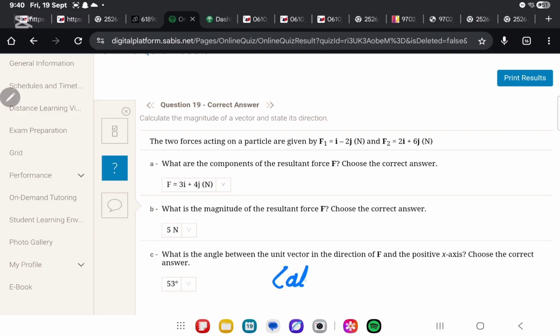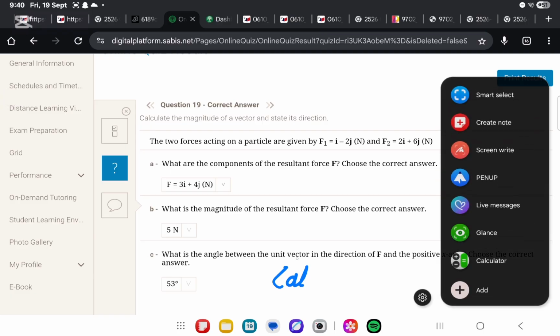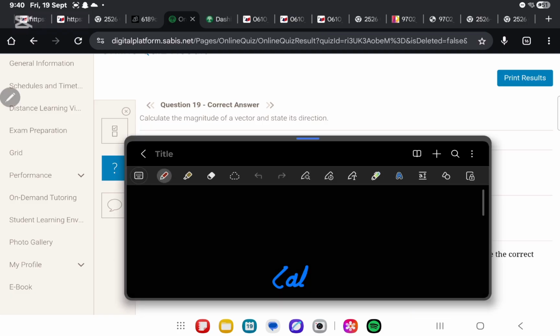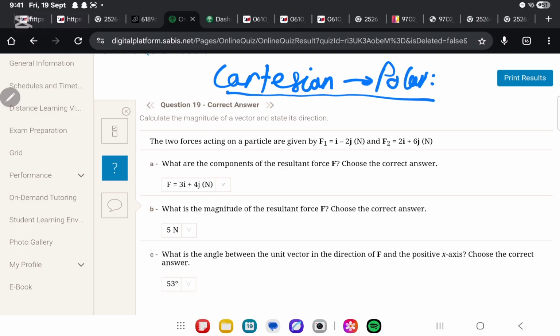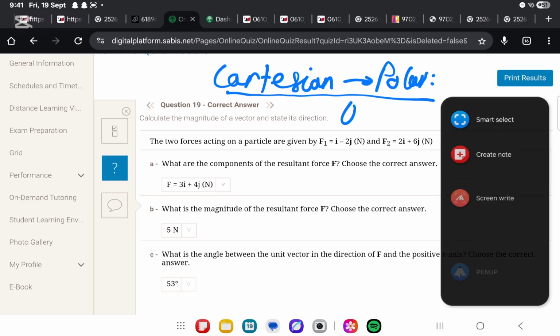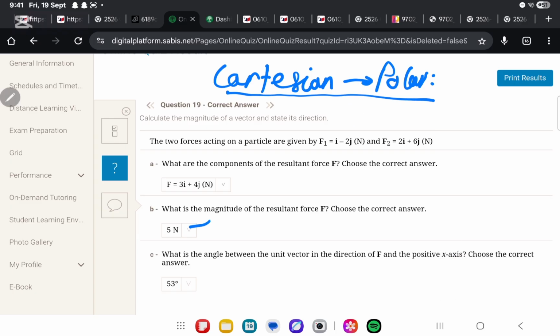So you have Cartesian, and you want to go to polar. How do you do it again? The formulas. First of all you find its magnitude, which you know is 5.